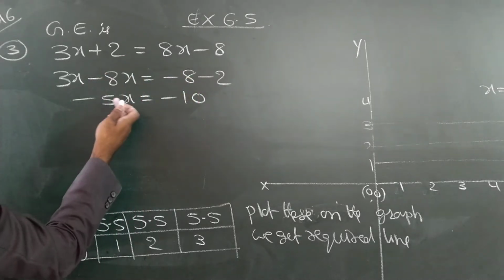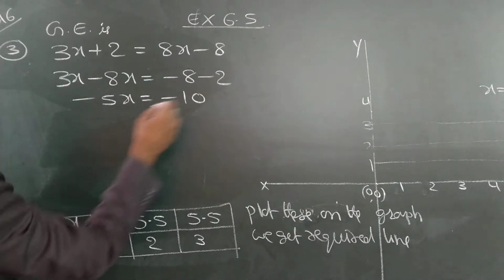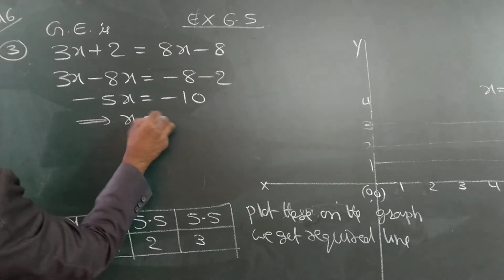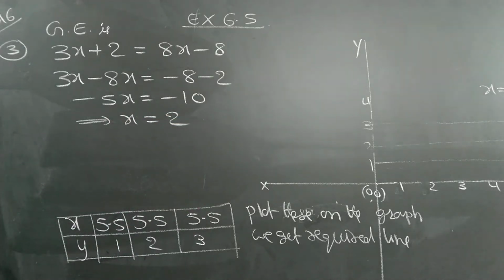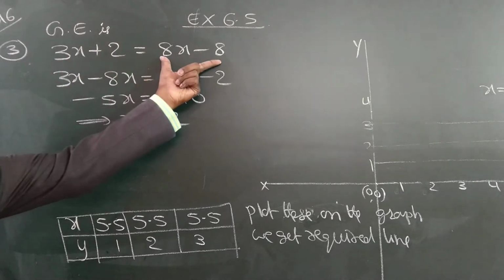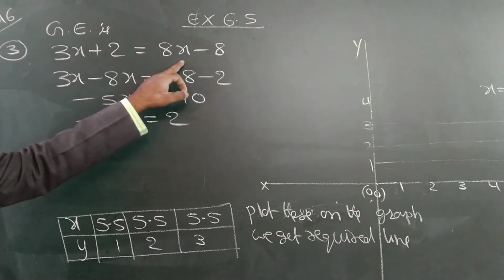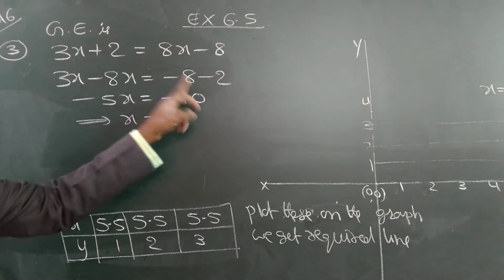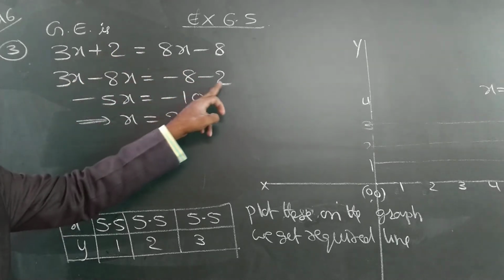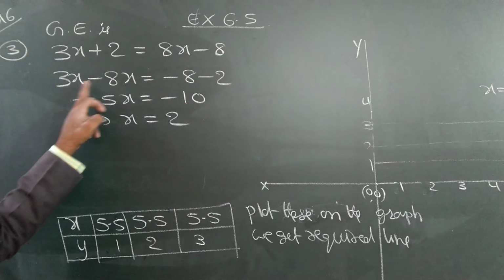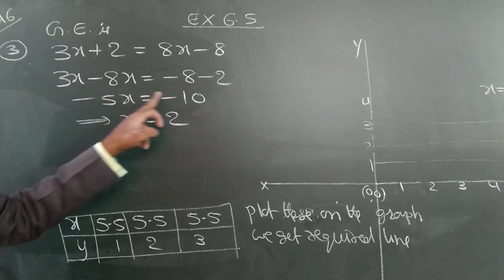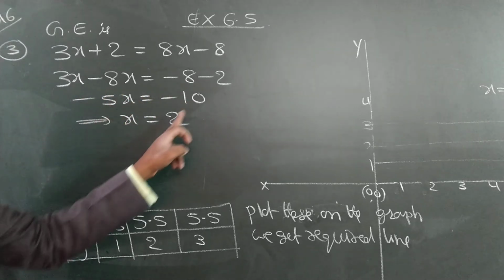Minus minus cancel. 10 by 5 is 2, so x is equal to 2.